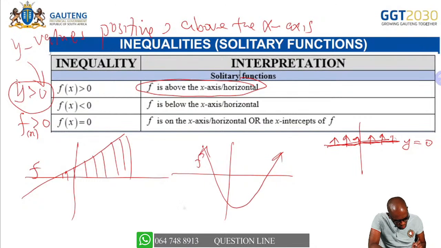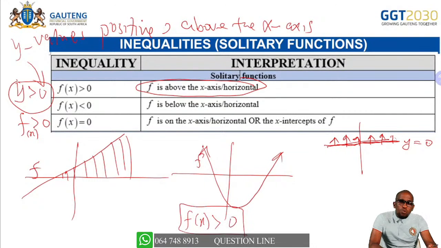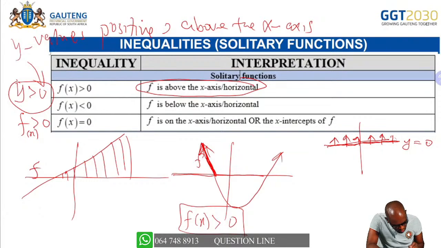If on this one they also want where f of x is greater than 0, they are saying where is the parabola above the x-axis. So you're going to locate a portion of the parabola that is above the x-axis. If you look at this part here that I'm highlighting, it is above the horizontal. Also, this part here is above the horizontal.